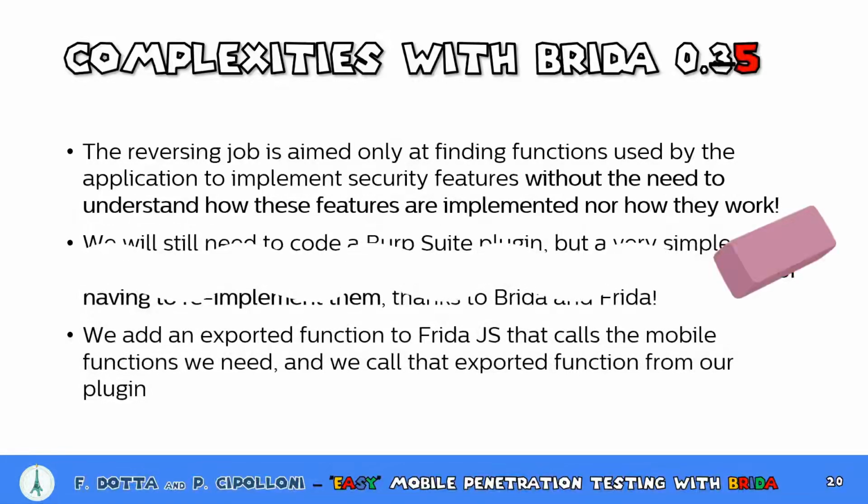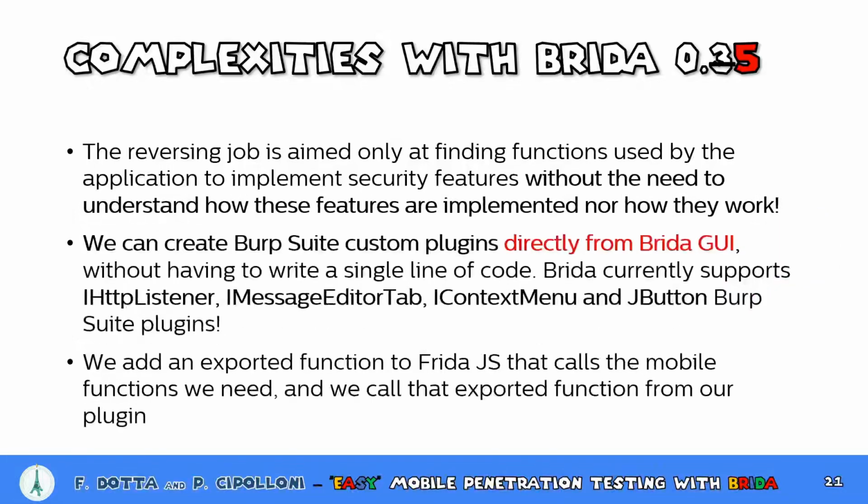Now we improved this mechanism much more with version 0.5, because we don't need even to code a simple plugin. We now have a new tab in Brida that allows us to create custom plugins directly from the Brida GUI without the need to write a single line of code.